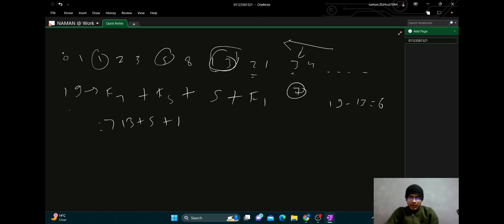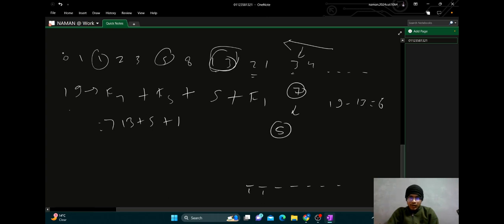So we append a 1 in the (i minus 2)th position, meaning the fifth position: 0, 1, 2, 3, 4, 5, we append 1 here in the fifth position. Now we are left with 6.